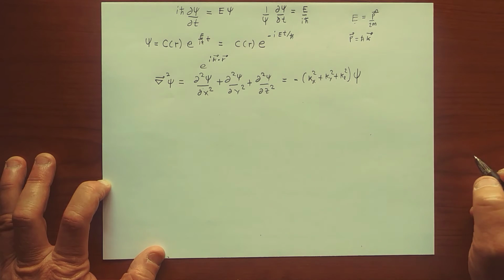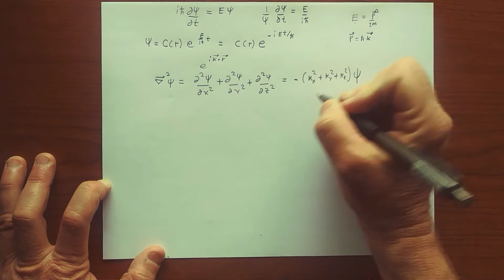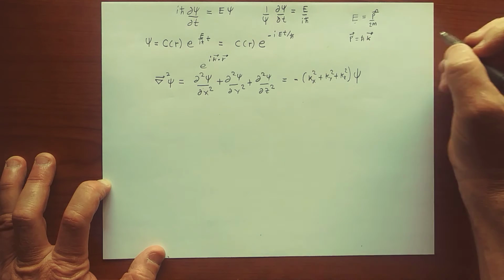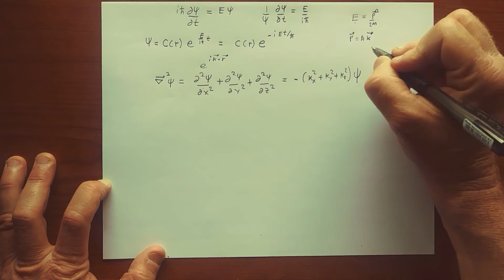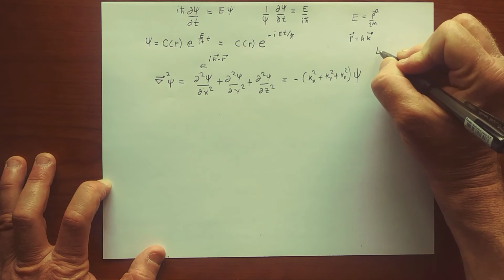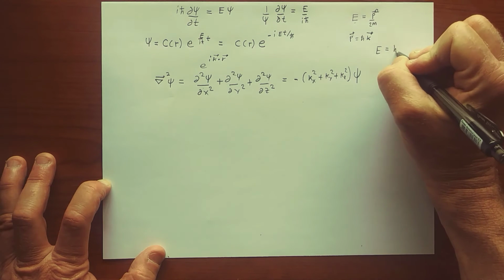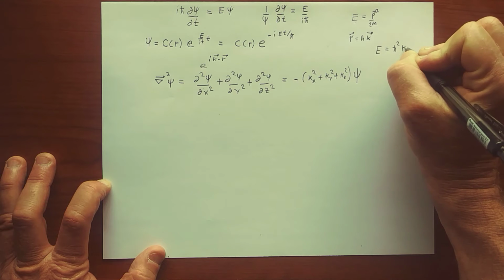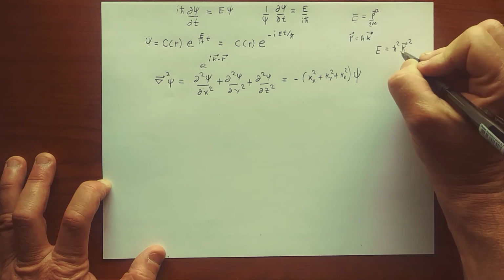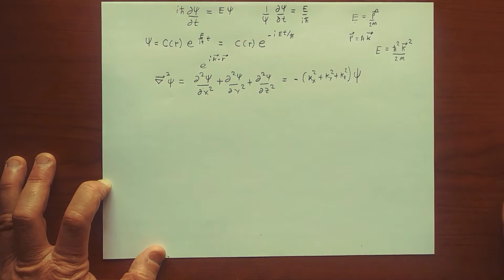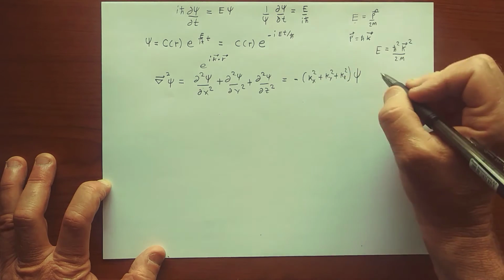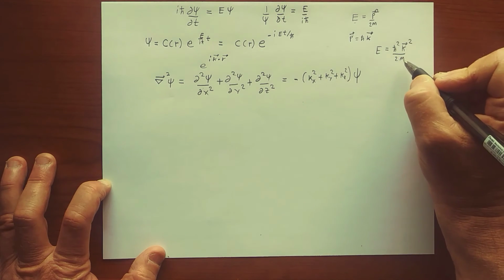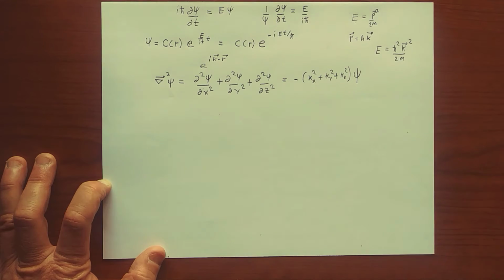So again, p is equal to h bar k, and E is equal to p squared over 2m, and then it follows that E is also h bar squared times k squared over 2m. And so k squared, right, k squared is 2mE over h bar squared.